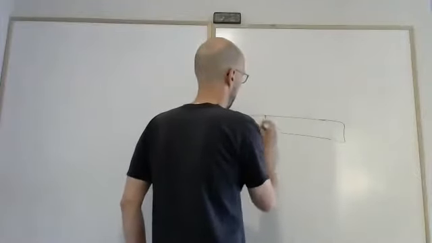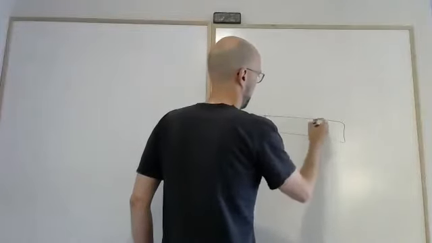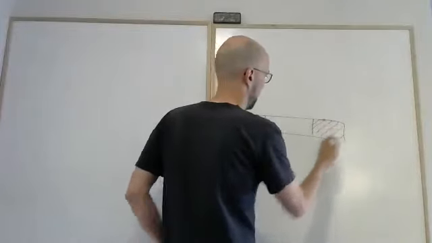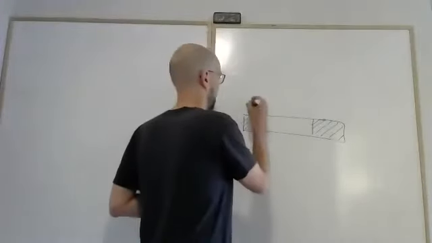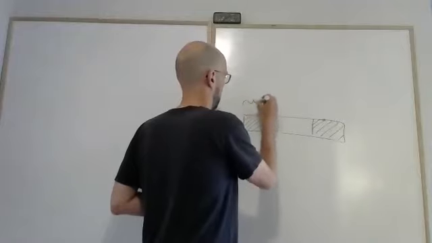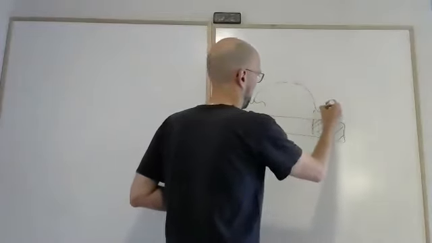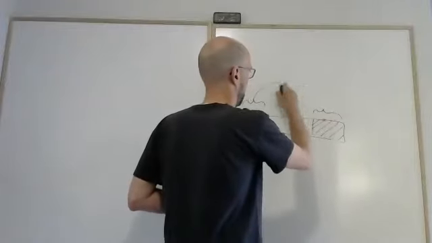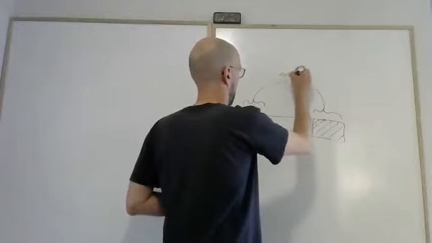So if it does wrap around, so if this is the max sum subarray, so I'm just going to have this in shading. It's black. So this is the max sum subarray.